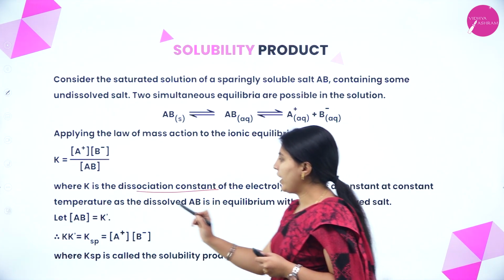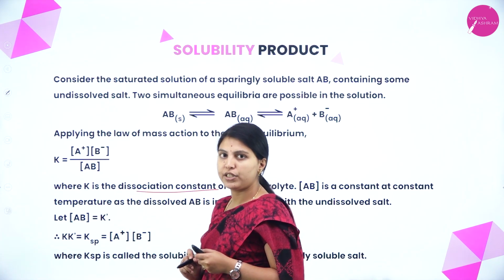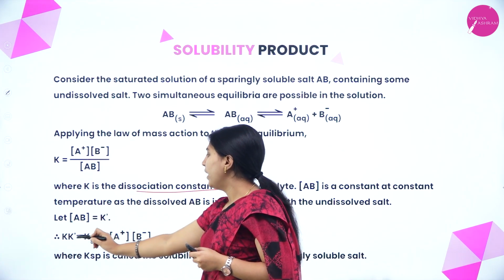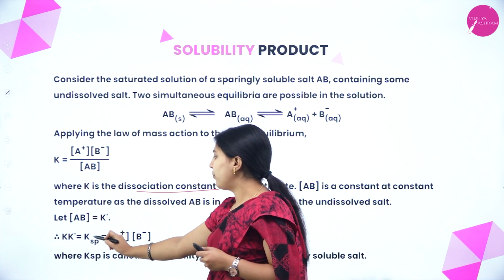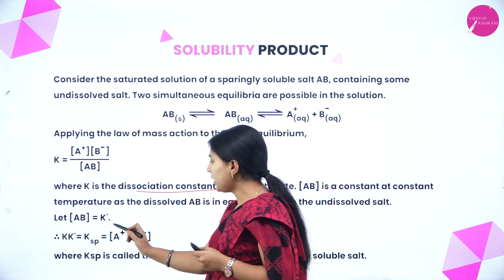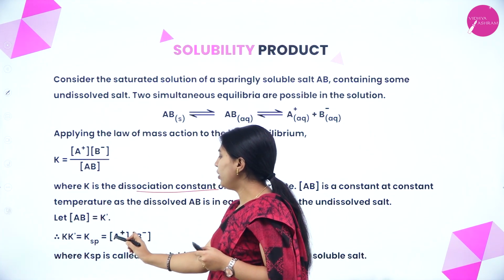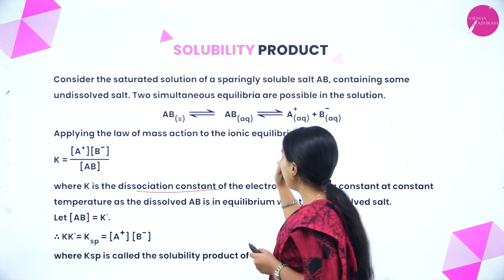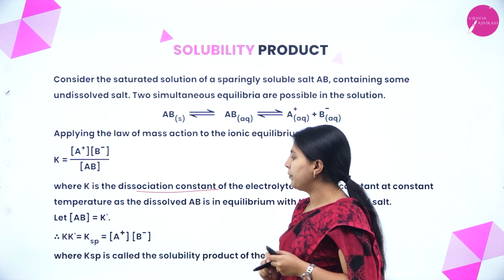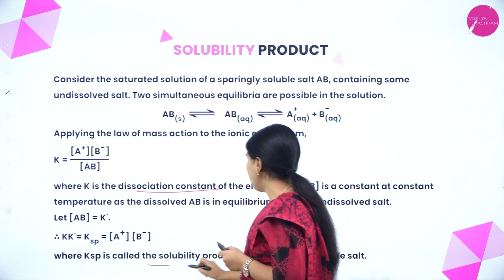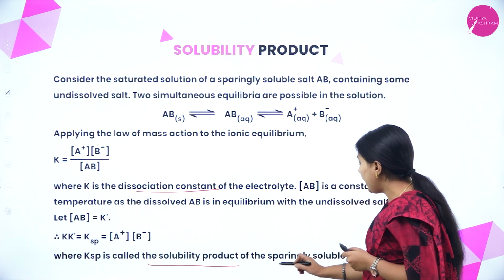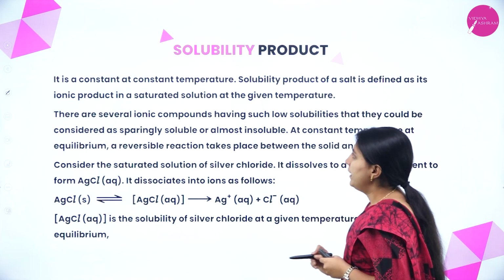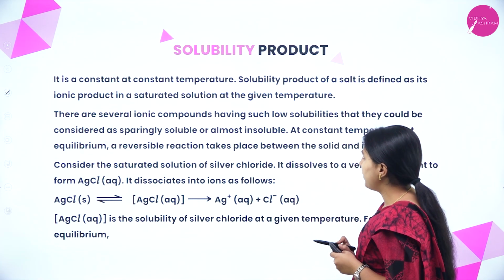Let the concentration of AB be equal to K dash, because this is undissolved, right? K into K dash equals Ksp, that is the solubility product, equal to concentration of A into concentration of B, where Ksp is the solubility product of the sparingly soluble salt. It is a constant at constant temperature.